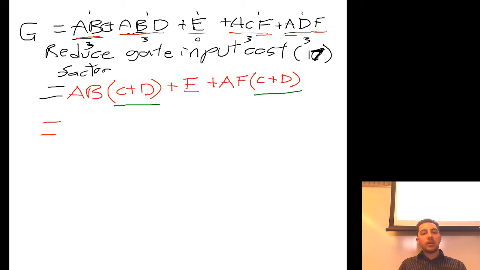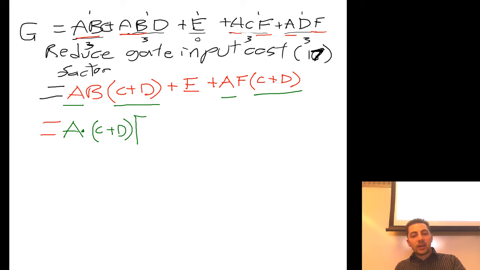Is there any way we could increase that? Is there anything that is also in common to those two terms? A is in common to both of these terms. So when we factor this out, we're going to factor out an A ANDed with C or D.